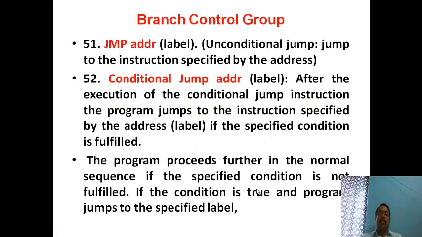Now let us move on to branch control groups. I have already told why we want to have a branch. There is something which has to be done repeatedly, which will not be included repeatedly in the main program. It will usually be written separately. Whenever you want, you go to that place, do the work and come back. See, there is a difference between jump and call.